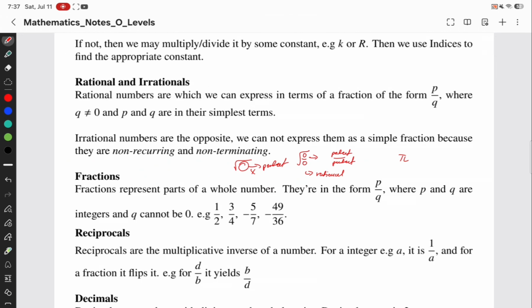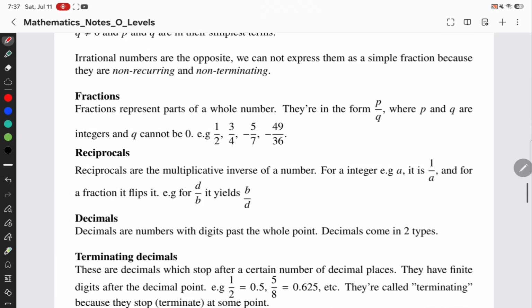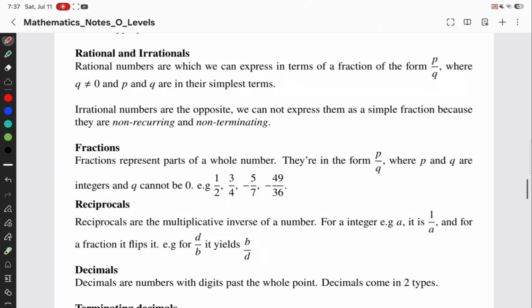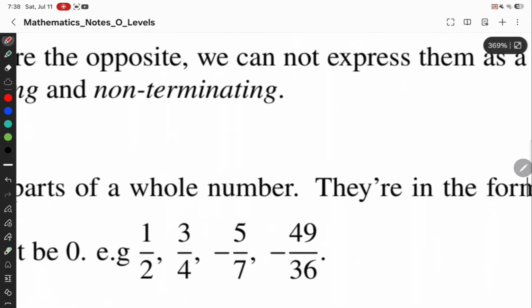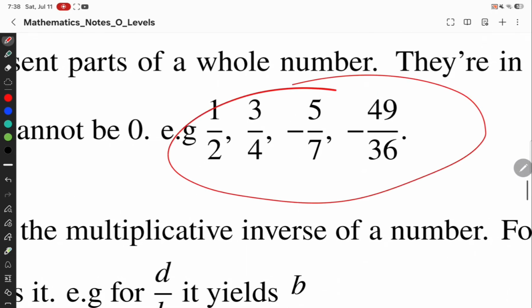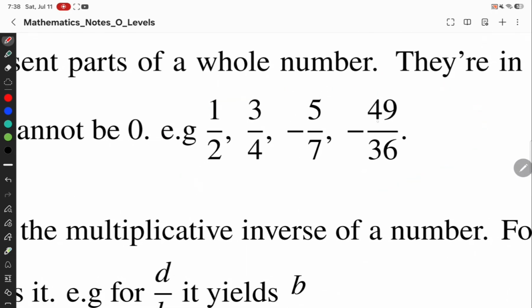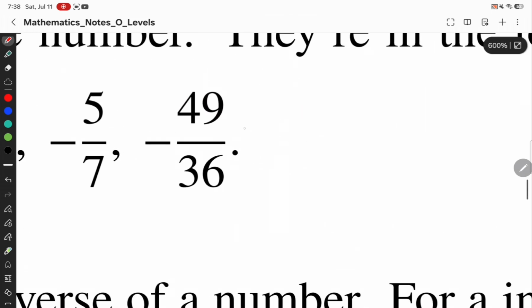Fractions represent parts of a whole number in the form p over q. P and q are integers and q cannot be 0. Yes, I repeated the definition, but it's okay. You know what a fraction is now, at least. Examples: 1, 2, 3, 4, 5, negative 5, 7, negative 49 over 36. This cannot be simplified, but 49 over 36 is a perfect square.